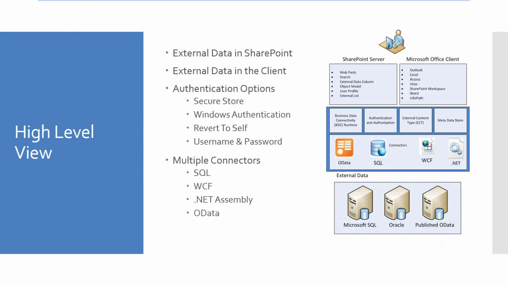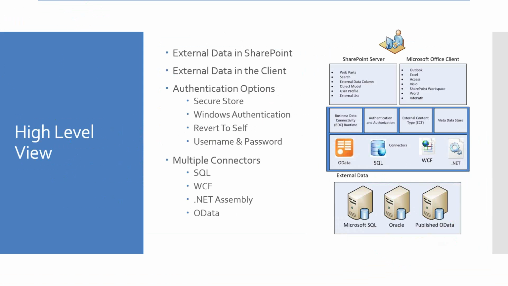So a quick high-level view of what Business Connectivity Services is. What we basically have, as I just mentioned, starting on this diagram from the bottom up, we've got external data inside our organizations, external to SharePoint. So it might be an SQL database, it could be an Oracle database, it could be OData, or data that is published via OData anyway, and that's extremely useful inside a SharePoint hybrid environment.